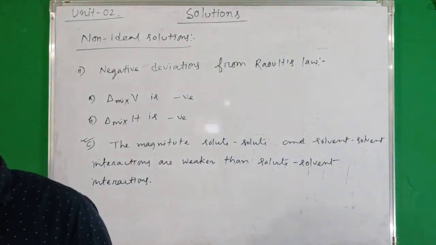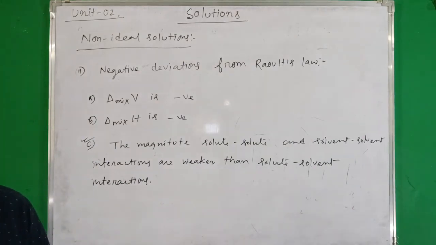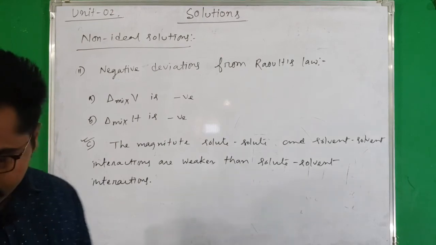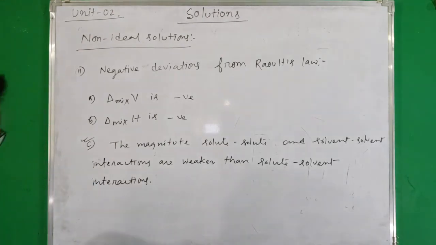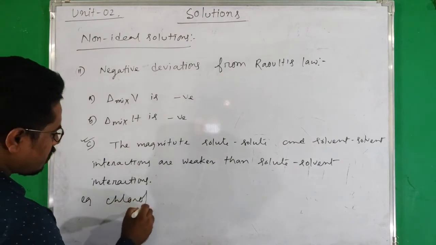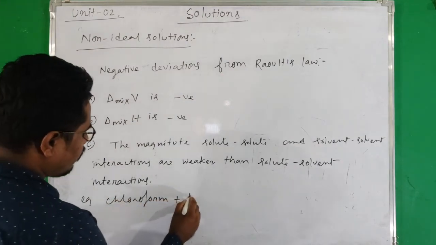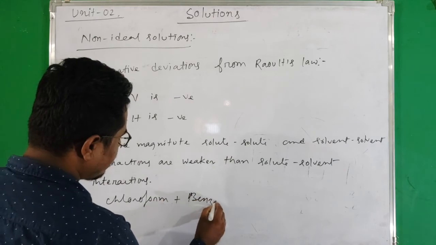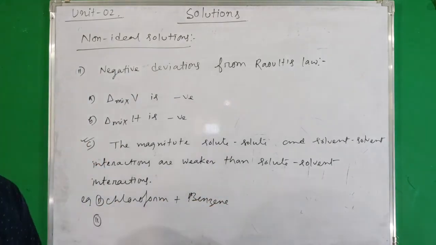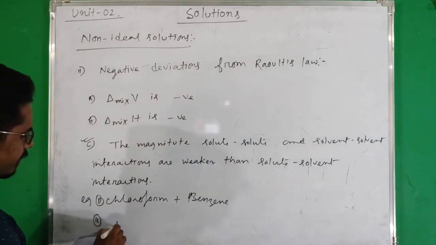Okay, some solutions which show negative deviations from Raoult's law are a solution of chloroform and benzene, and another example is a solution of phenol and aniline.